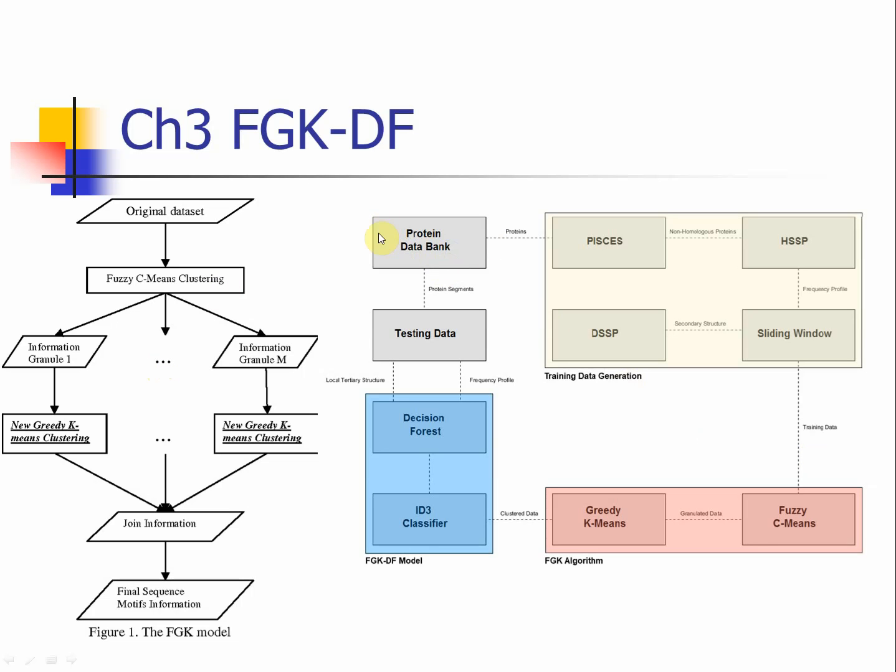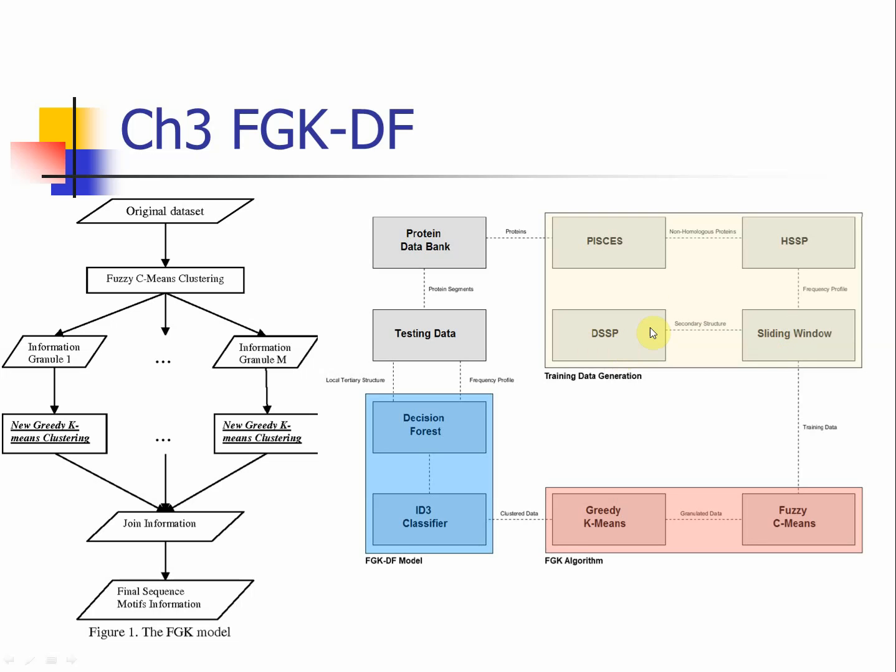The original data is the original data set, which is composed of the PISCES-selected 2,710 proteins, looking into their HSSP, which is the protein primary sequence profiles, and then adding DSSP, finding the secondary structure information using the sliding window technique.